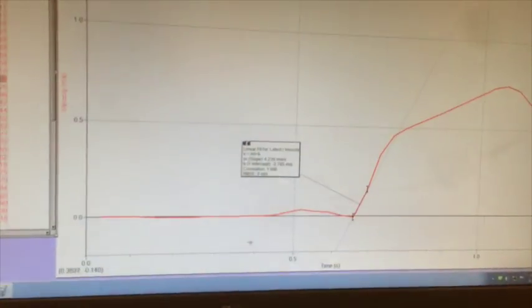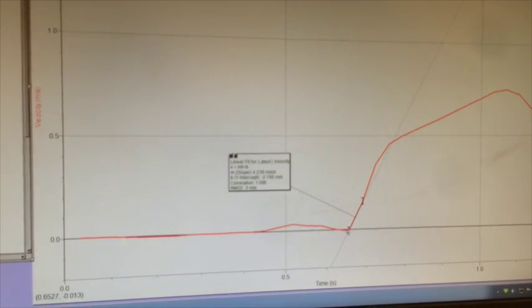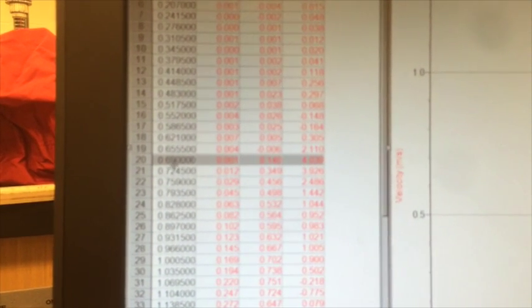To find instantaneous acceleration from our experiment, we're going to analyze the data we recorded in Logger Pro. If we look at our velocity time graph, we can see that block B started moving around 0.69 seconds. We compare that to the data we recorded in our data table, around 0.69 seconds.